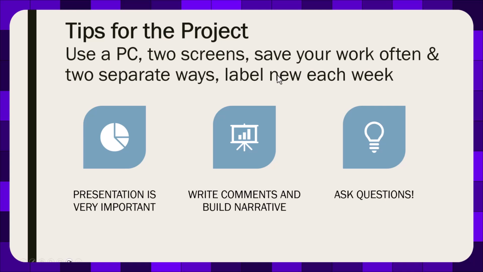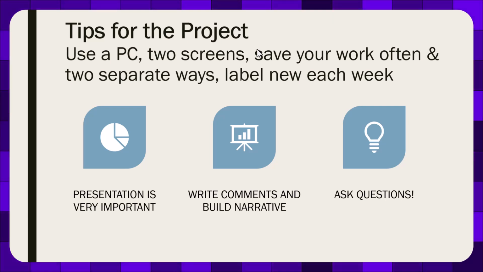And then each week, save the work under a new name so that you have last week's work, and you understand what it is because you're using a designation. So that if you're working on a different system or something crashes or becomes corrupted, you can go back and start from the end of last week's progress versus having to rebuild it all over again.